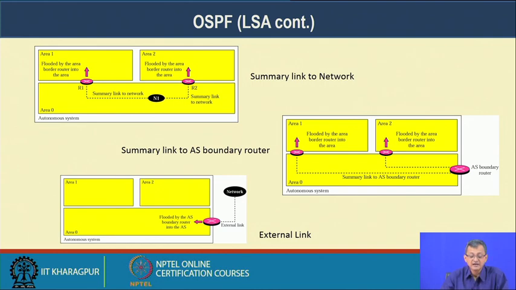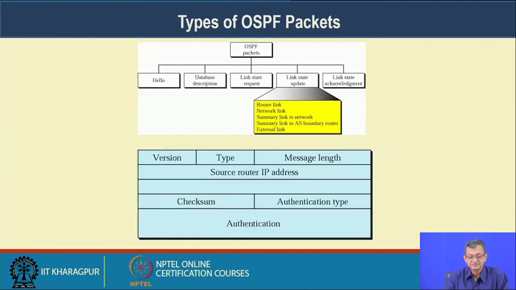Similarly, for OSPF, summary link is the summary link to the network. For external link, it is for the external network, and this is the summary link to the AS boundary routers, right. So, there are different summarizations of information about the autonomous systems being pumped in.